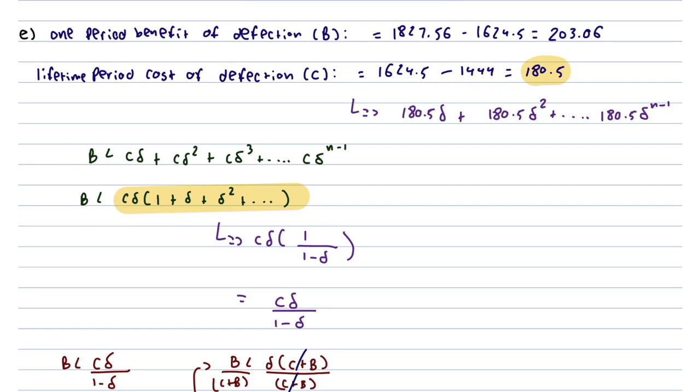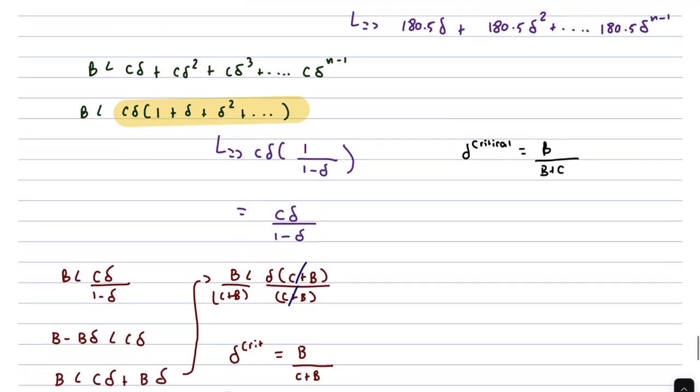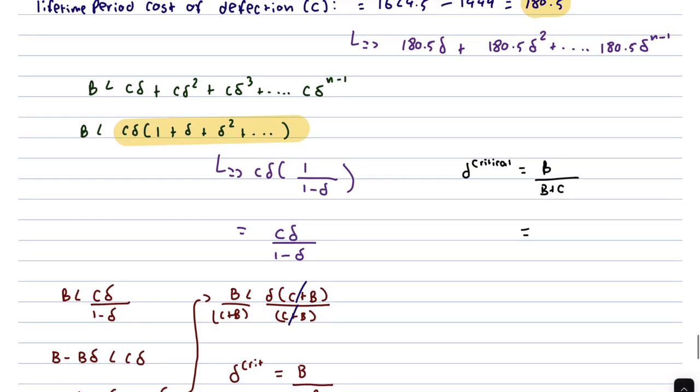And then you know that your delta critical, your discount rate critical, is going to be equal to benefit divided by benefit plus cost, which in our case is going to be 203.06 divided by 203.06 plus 180.5. Let me just calculate this.